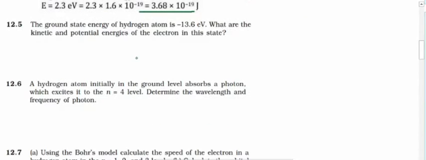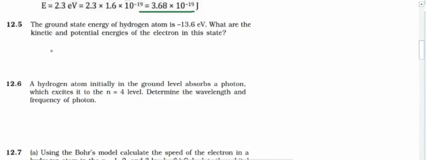Then next question 5, the ground state energy of hydrogen is minus 13.6 electron volt. What are the kinetic and potential energies of the electron in this state? You know the relation between kinetic energy, potential energy and total energy.